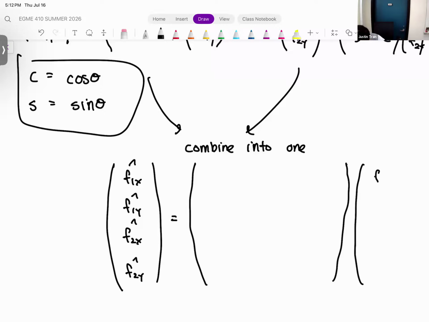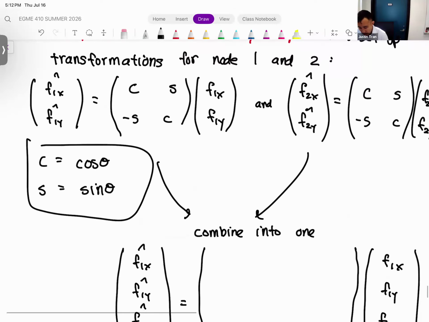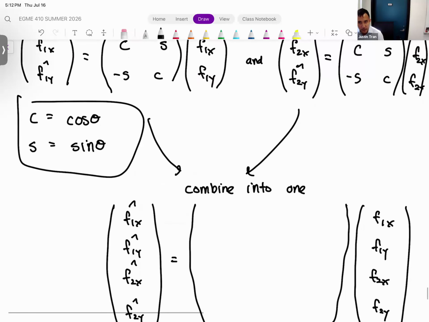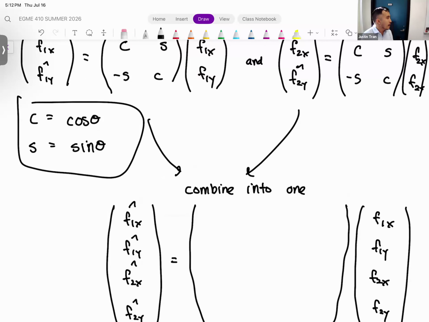On the right here is going to be F1x, F1y, F2x, F2y. So we're basically going to take these 2x2 transformation matrices and you can think of it as an assembly into this bigger one here.